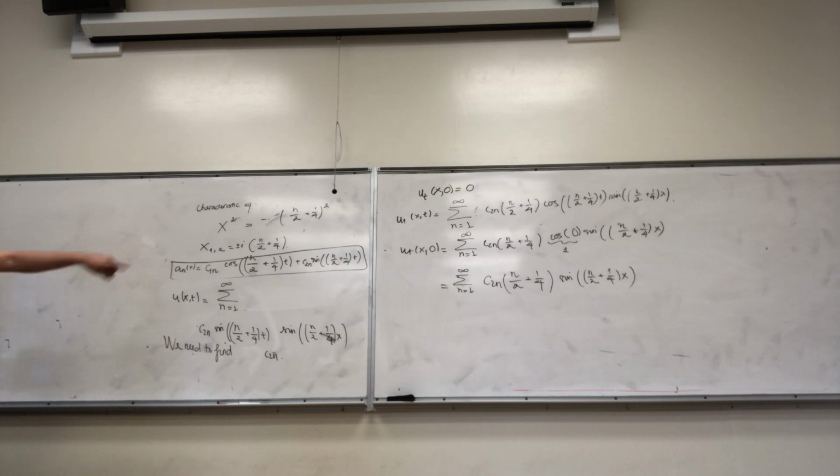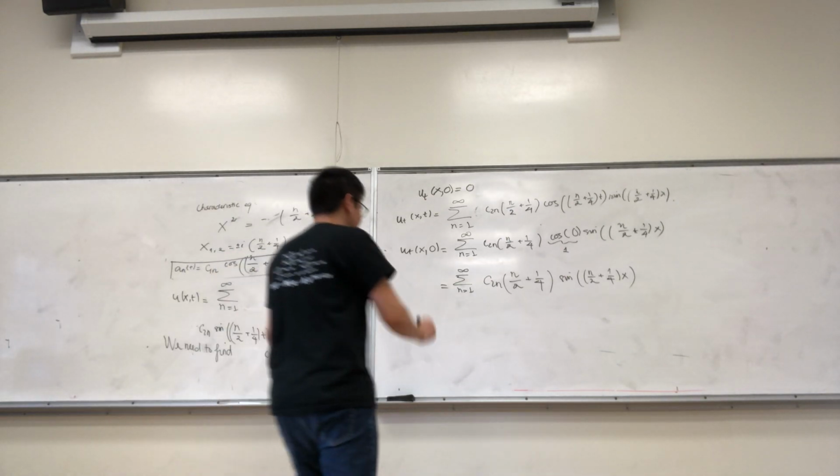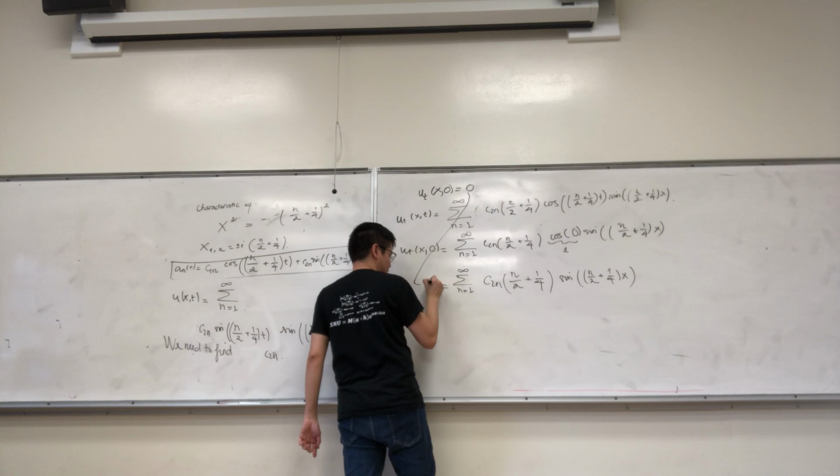Now, how can I compute this c2n? Again, you take the inner product. So you plug this 0 here and take the inner product.